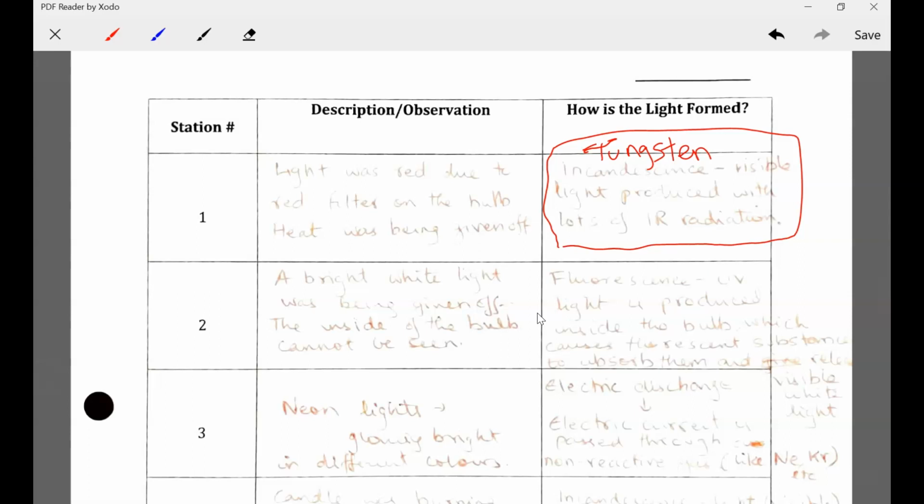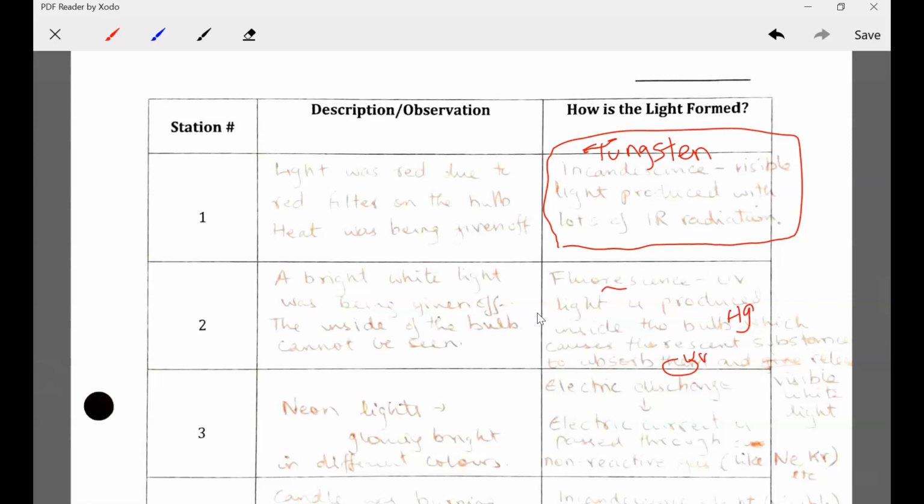That UV radiation is then absorbed by a fluorescent substance. So UV light is produced inside the bulb by mercury, which causes the fluorescent substance to absorb the UV rays and release visible light. That's the definition of fluorescence, and that was a fluorescent lamp.